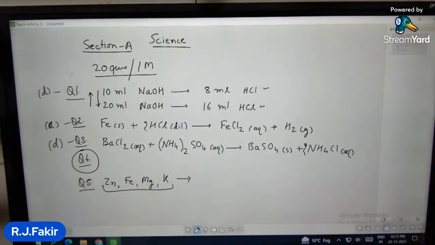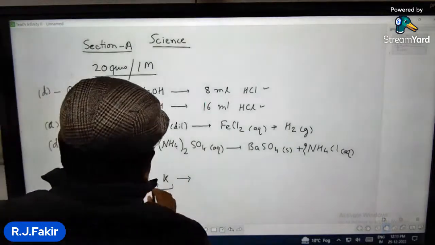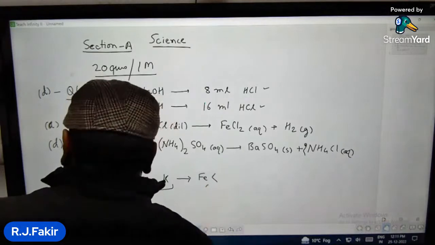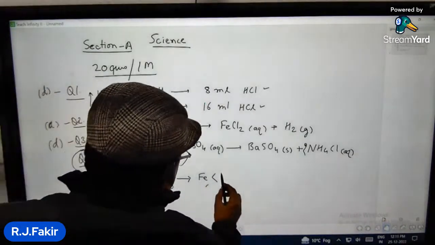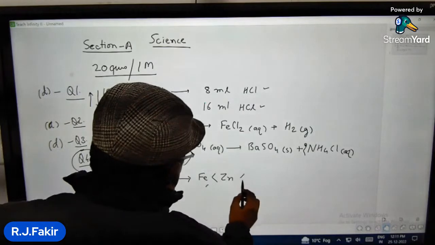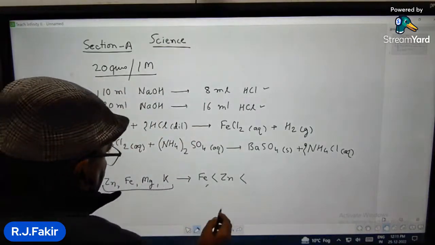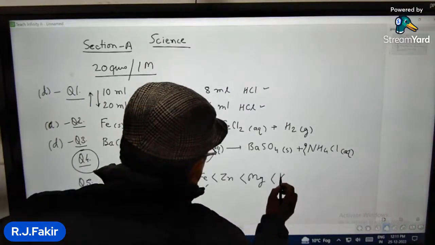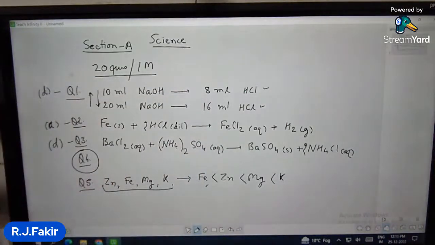According to the reactivity series, Fe is the least reactive, after that comes zinc, followed by magnesium and potassium. So this is in increasing order.